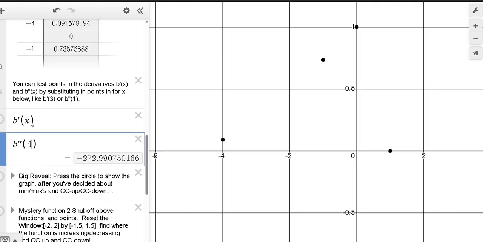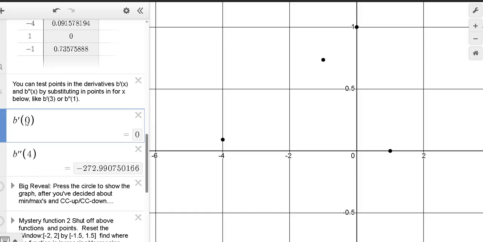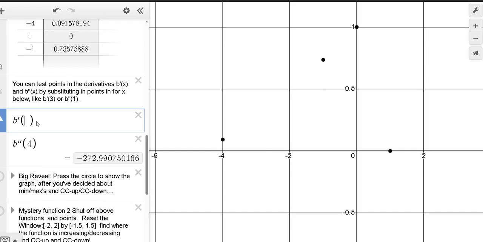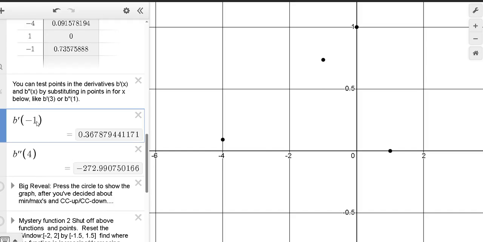We could do, for instance, b prime of 0, and that's 0. So that's telling you that x equals 0 is a critical point, and that if you test points on either side of that, say to the left, the function's increasing, to the right it's decreasing. So that matches what we kind of see from the graph.